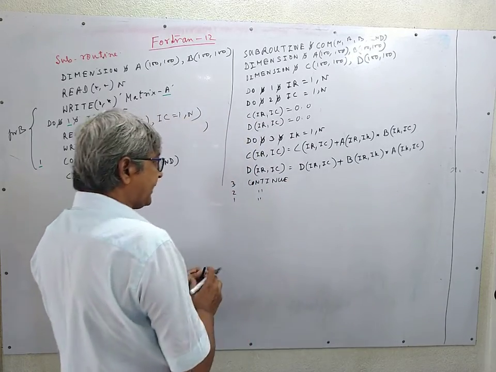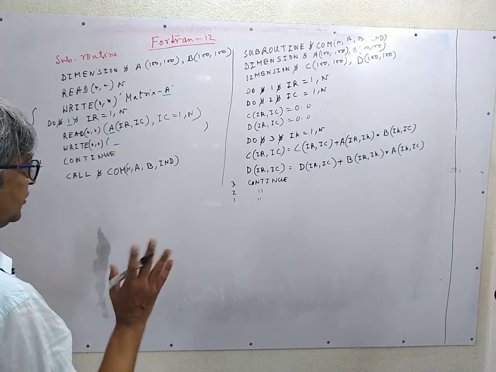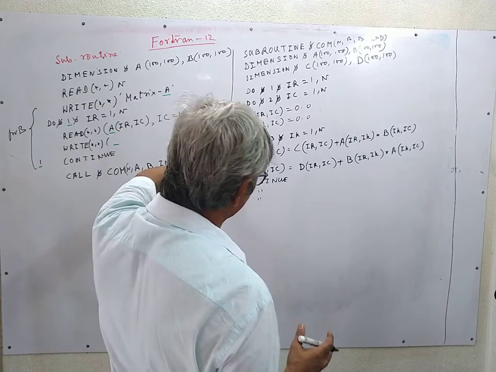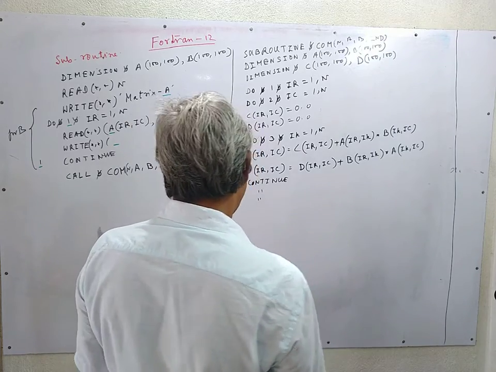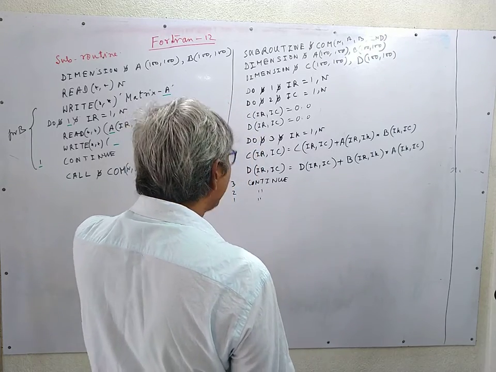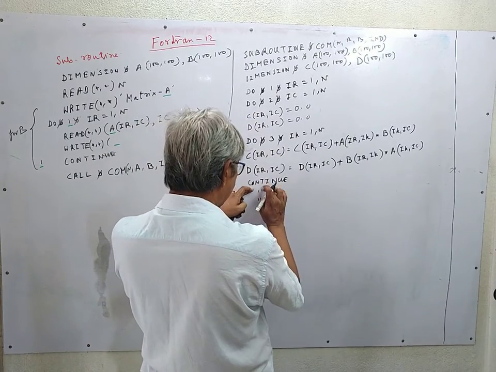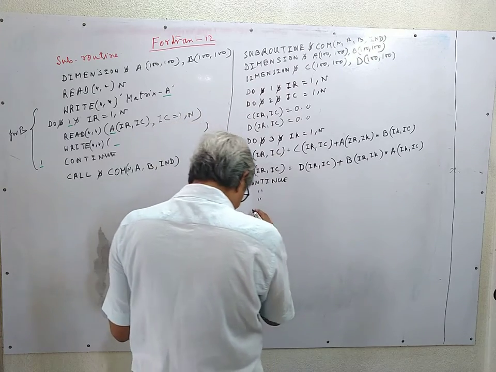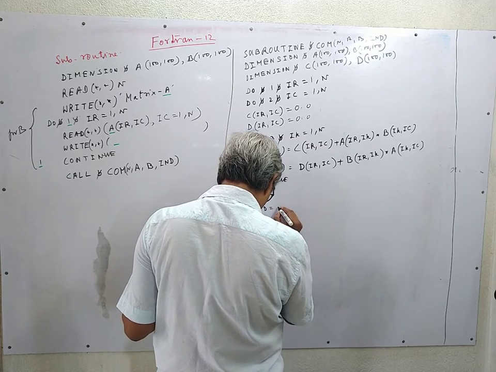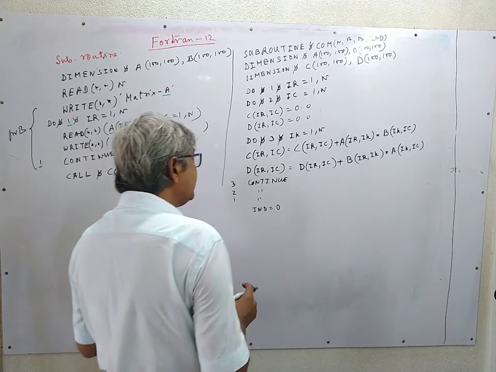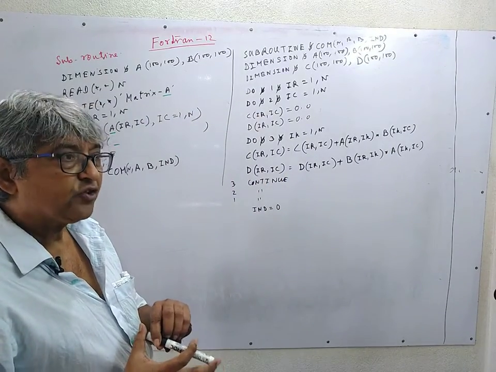Now we are to check whether these two matrices are equal or not. They will commute when they are the same, so we may use another loop, or we can do it here also, but I am doing another loop. I am setting index is equal to 0, and if we calculate these quantities, there may be truncation error.